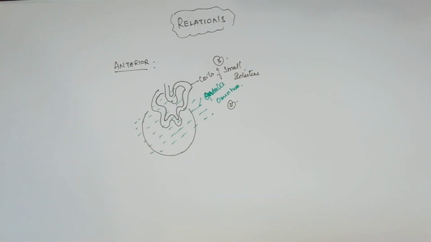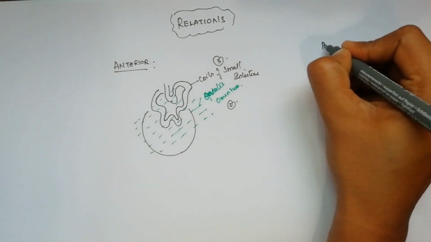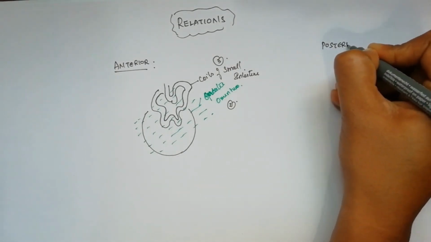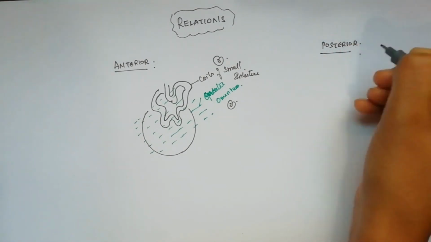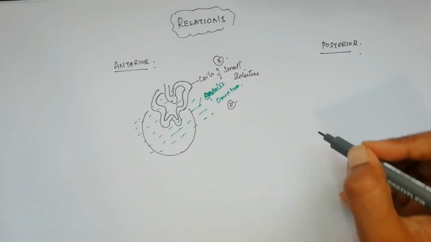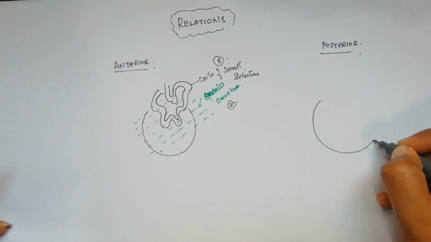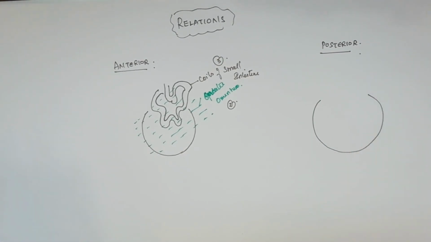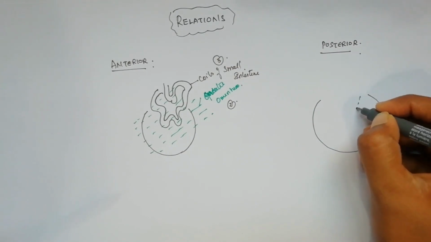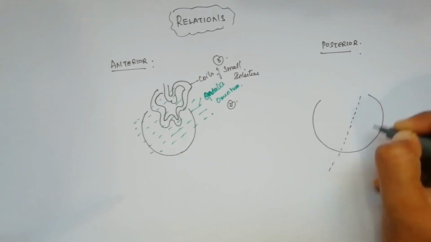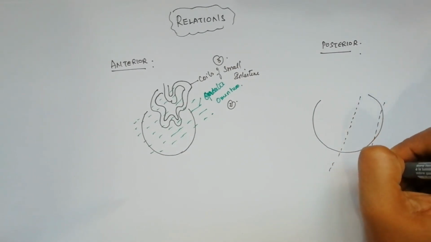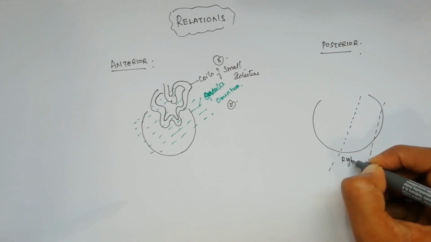Talking about the posterior relation of the cecum, if you see the posterior aspect, we have got the right psoas major muscle. First we have got a muscle over here, and that muscle is called the right psoas major muscle.